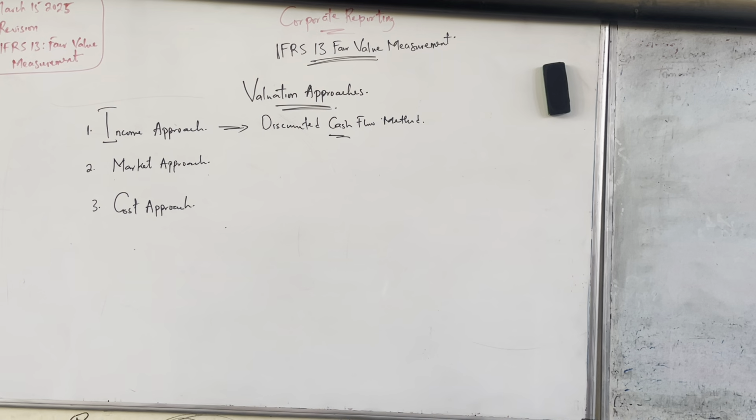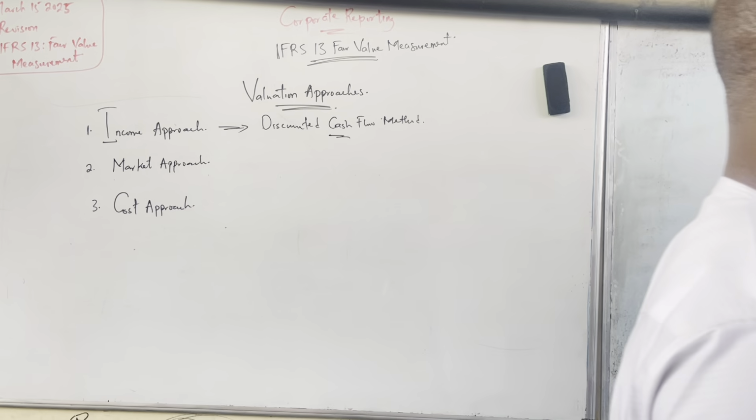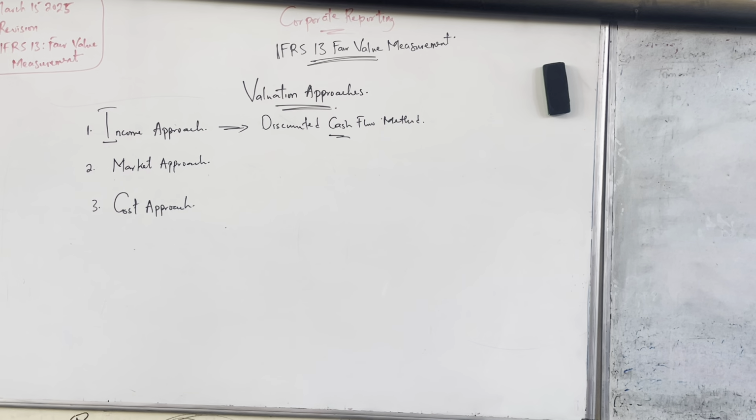And for some of you that are doing fair value, that are doing SFM, you might already be familiar with discounting when you have future cash flows. That is all this approach is all about.